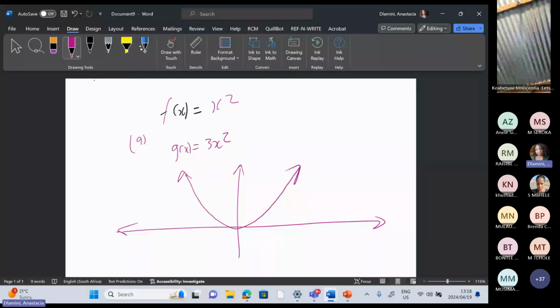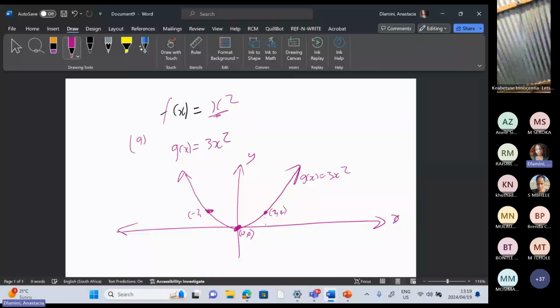So this is y, this is x. We know this point is 0 and 0. If we choose any other point, let's choose 2 and 4. How do we get a 2 and a 4? It's because when I substitute 2 in here, I get 4. And when I substitute -2, I also get 4. So -2 and 4.